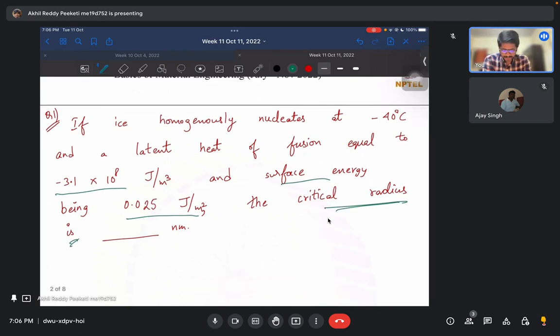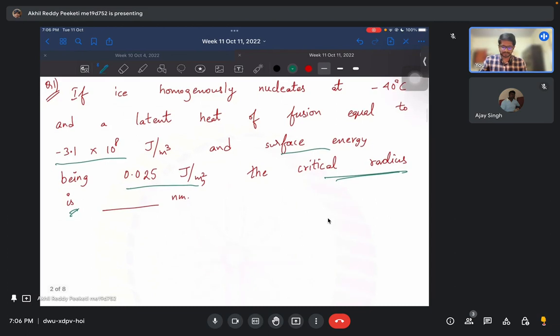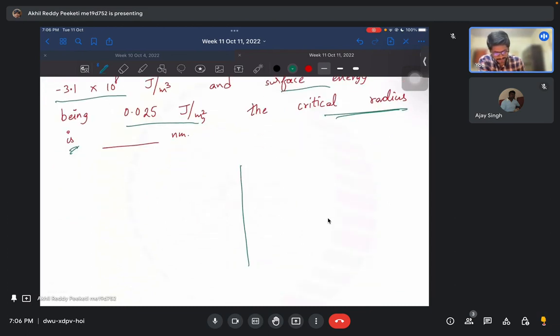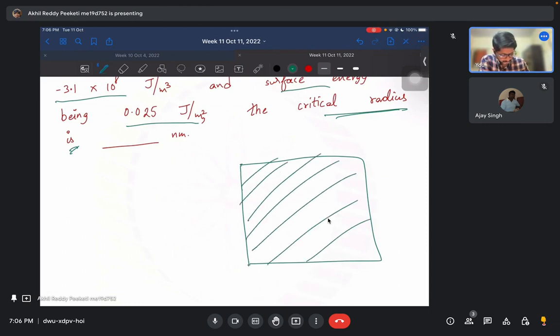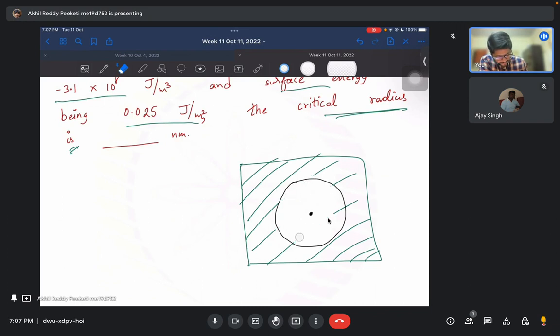So to actually get to the critical radius, first let's understand what happens when the nucleation starts. In general, initially everything is in liquid phase state. So everything is liquid. Now at the point where nucleation started, slowly around that nucleation site, a spherical region will form which converts into solid.